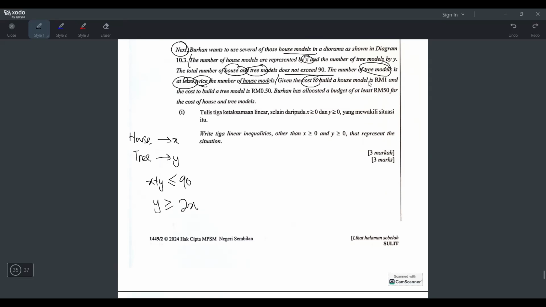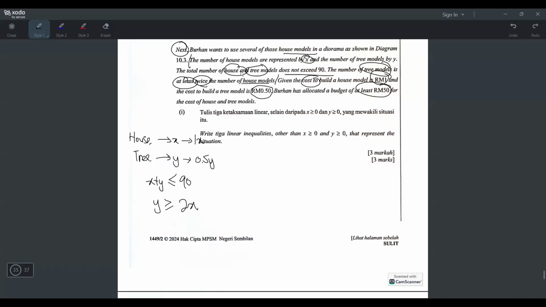Given the cost to build one house model is 1 ringgit, with X house models it will be 1 times X. The cost to build one tree model is 50 cent, so with Y tree models the total cost will be 0.5Y. Then they say Bourbon has allocated a budget of at least 50 ringgit.